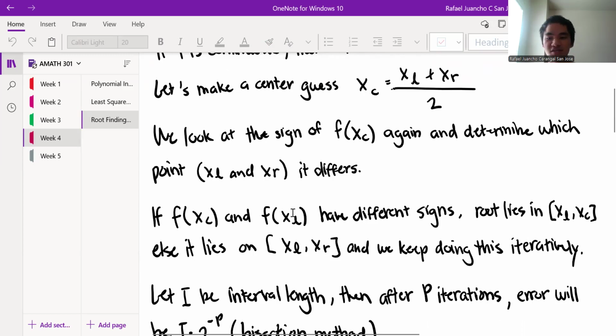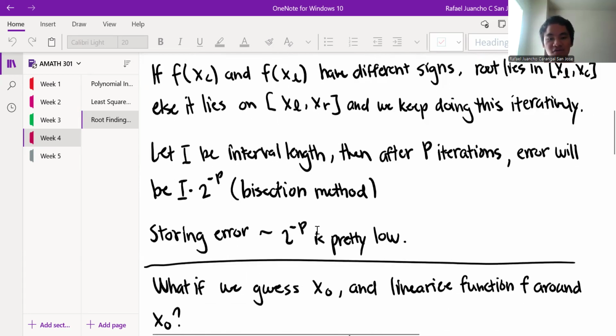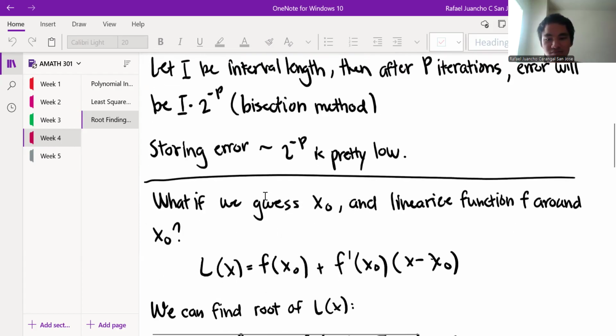So if they have different signs, then that's where the root lies. Else, if x sub c and x sub r are the ones that have different signs, then the root lies in that interval. And we keep doing that again and again until we find the root, which could either be exact or approximate, and we call this the bisection method.